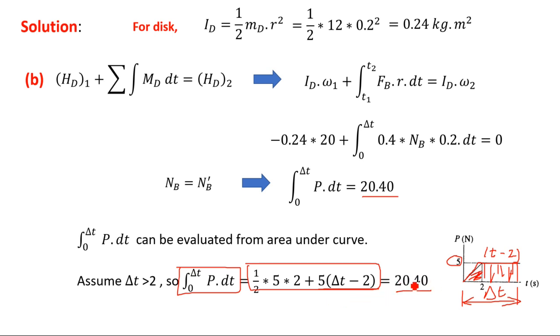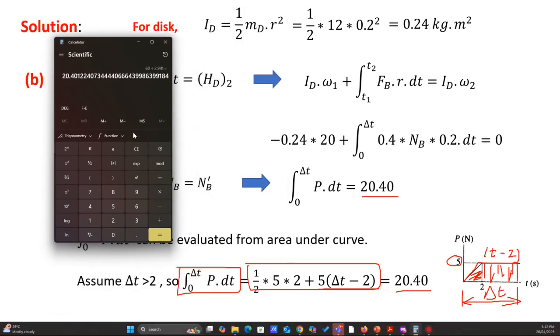Okay, so the 20.4 minus the 2 times 5 divided by 2, divided by 5, plus 2 will give me delta t. Now, again, let's try to do that together, because I know that the students sometimes are going to be lazy to find the answer. So we have the 20.4 that we calculated earlier. And again, to subtract from that, the 2 times 5 times 0.5. Okay.